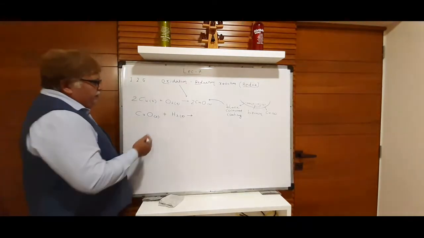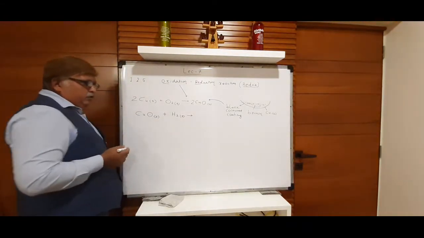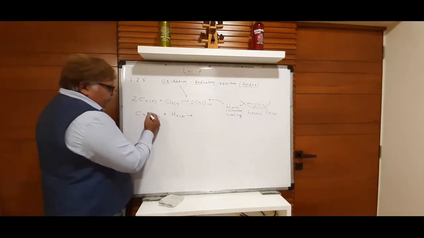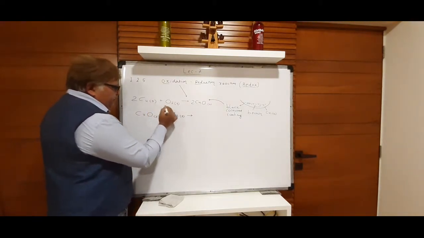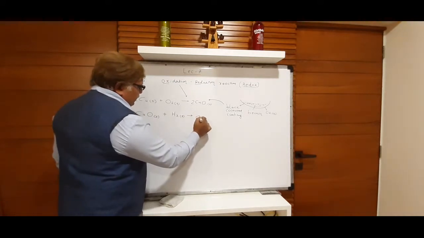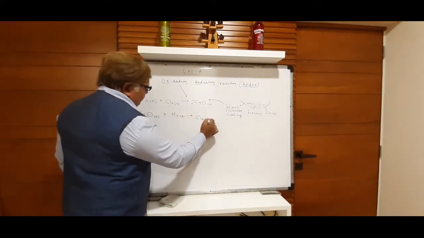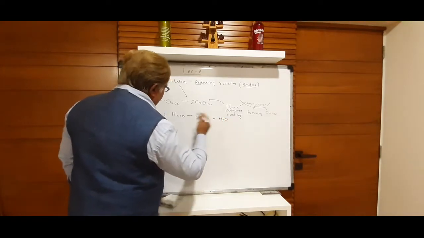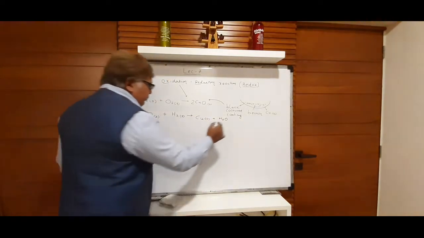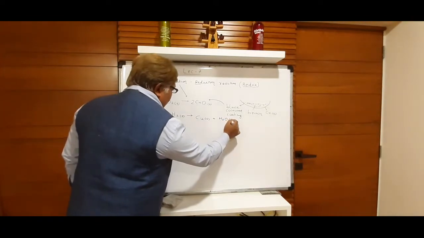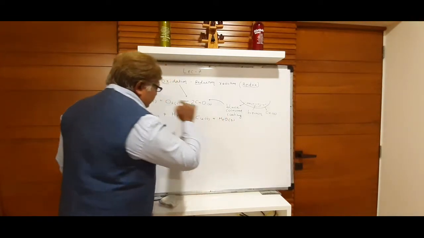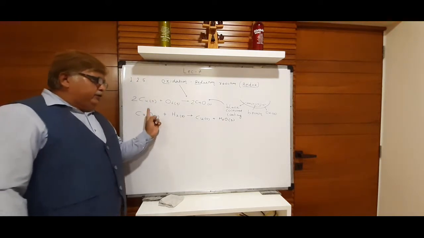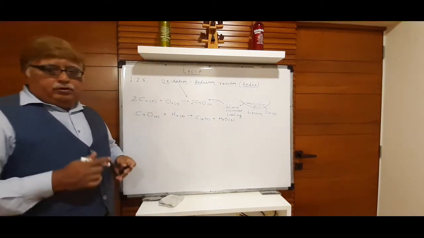Actually, what might have taken place? Copper oxide plus hydrogen, actually oxygen is removed and it turns into copper plus H2O. Understood? So actually what happened here, you should try to understand. Oxygen is removed from copper oxide.